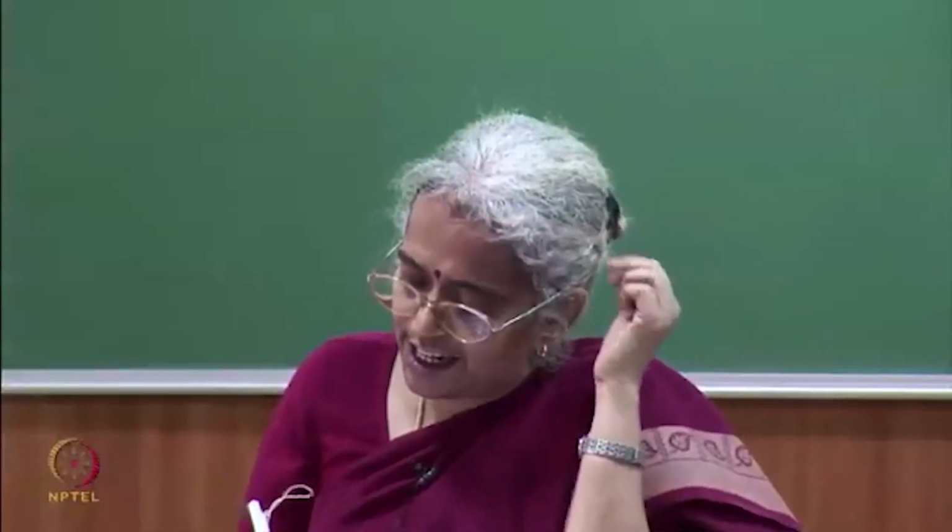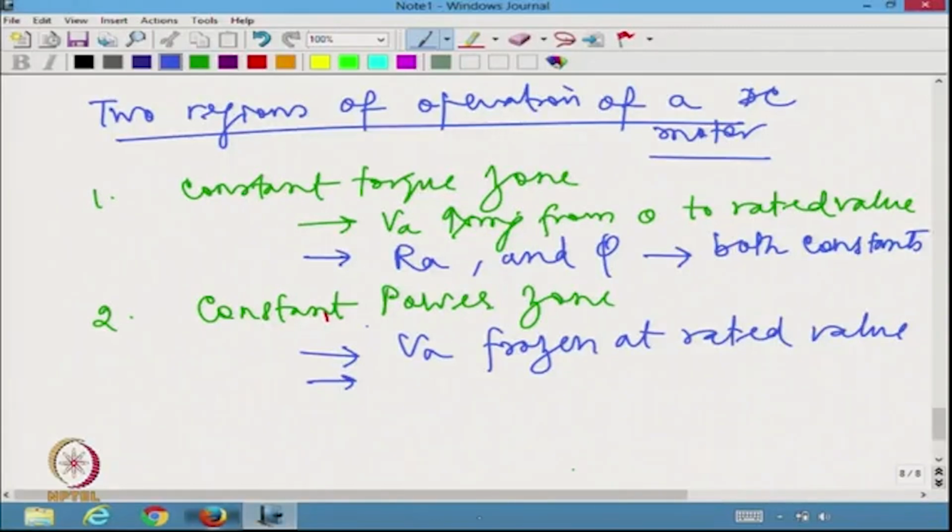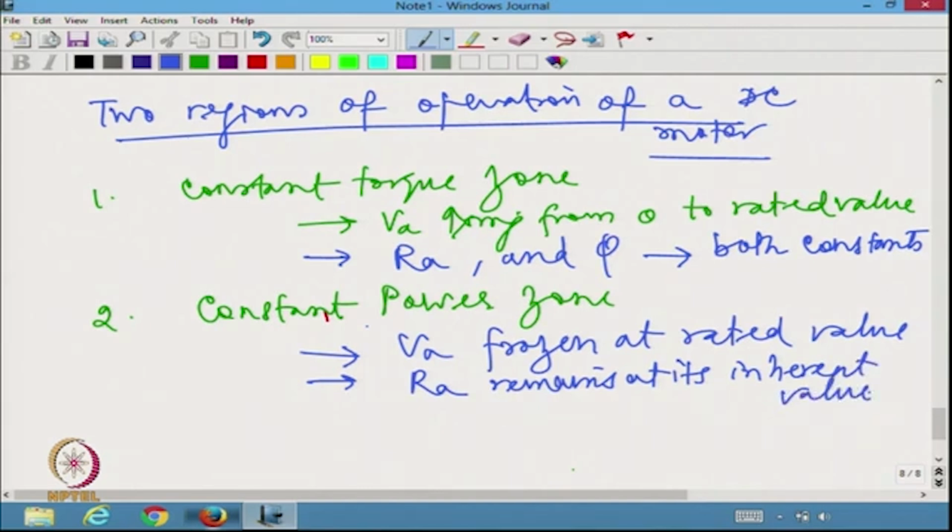So, you can't really expect the voltage to be risen beyond whatever is the rated value. Still it will not remain safe for the machine. Machine insulation will get ruptured. So, we will freeze Va at rated value, Ra remains at its inherent value, but flux is decreased.